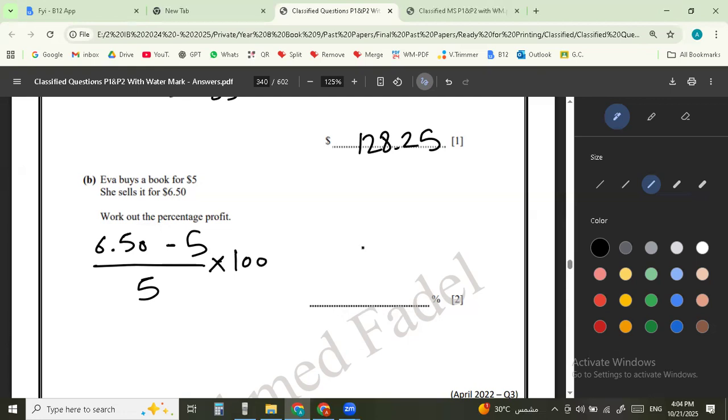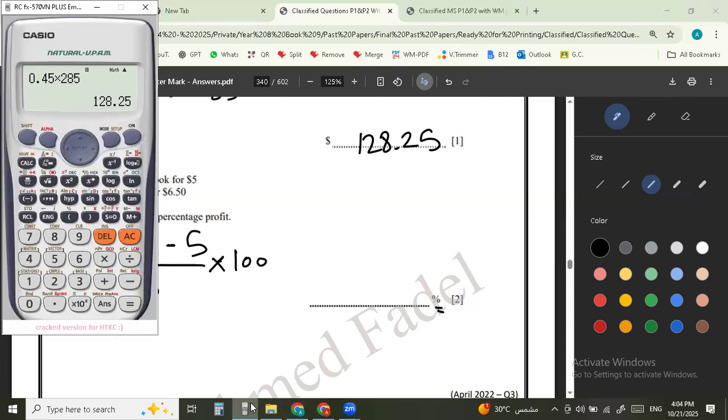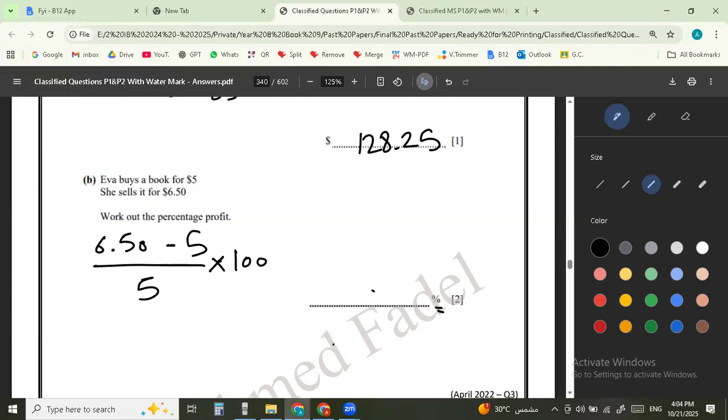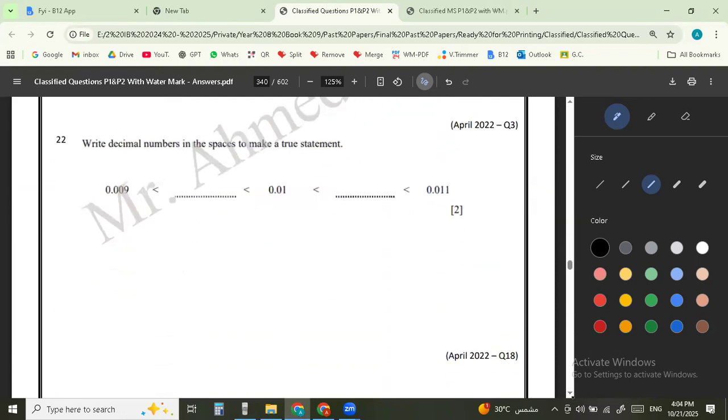They want a percentage, so if they request percentages, we must multiply the final answer by 100. So 6.5 minus 5 is 1.5, over 5, times 100 gives you 30%. The percentage profit is 30%.